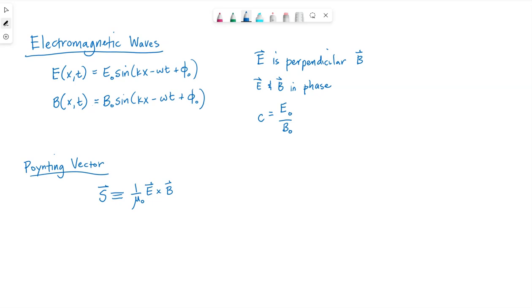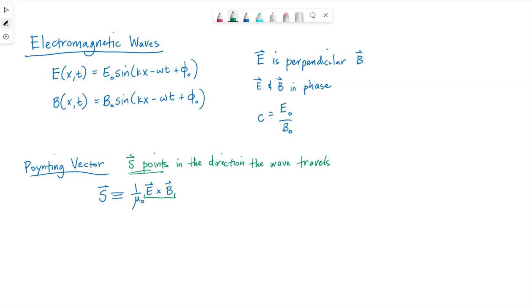I like to think Poynting vector as in S points in the direction the wave travels. That means if you use your right-hand rule and figure out the direction of E cross B, it gives you the direction of S, which is the direction the wave travels in.